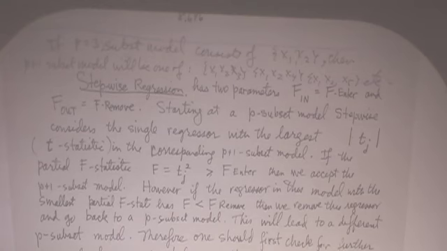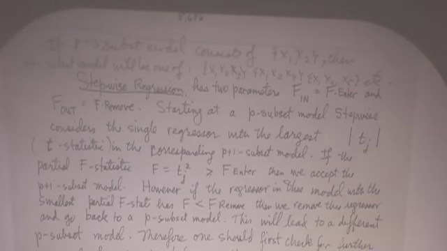Can we do that in T with alpha? Well, let's see. What does it say? It says, stepwise considers a single regression with the largest TJ in the corresponding P plus 1 subset model. So that's a little bit different than directed T, because directed T started with the full model T values. Now I'm only going to consider the subset model.